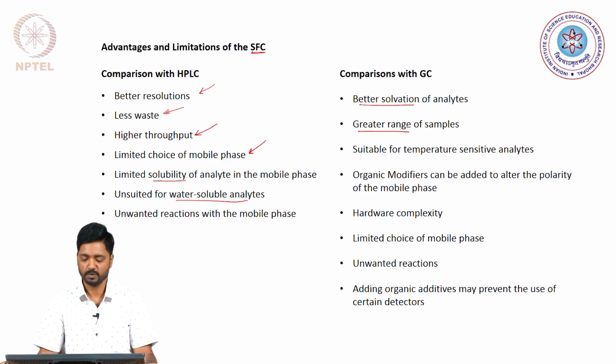That also becomes possible because with supercritical fluids we will be able to analyze temperature sensitive analytes, because the operating temperatures are much lower in the case of supercritical fluids compared to that of gas chromatography. Operating temperatures of 300 degrees Celsius are often routine.